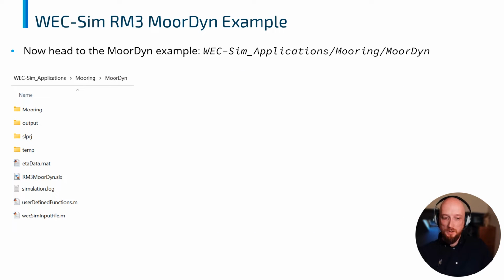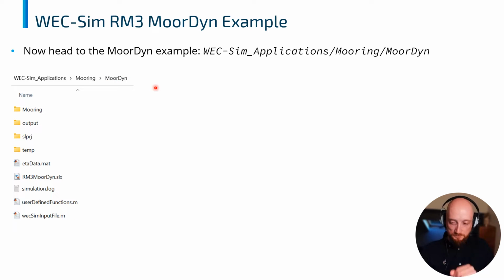Okay, so now that you have all of the MoorDyn files that you need, you can head over to an example in the WEC-Sim applications repository. So if you have already downloaded or have cloned that repository, you should see a folder called Mooring, and inside that folder, there should be another folder called MoorDyn. And you should see these folders and files inside the MoorDyn folder.